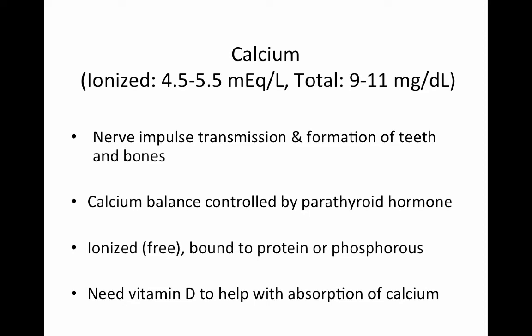Calcium balance is controlled by the parathyroid hormone, also by calcitonin and vitamin D. So again, when you take in calcium, you also need vitamin D in your gut to help with absorption of that calcium.